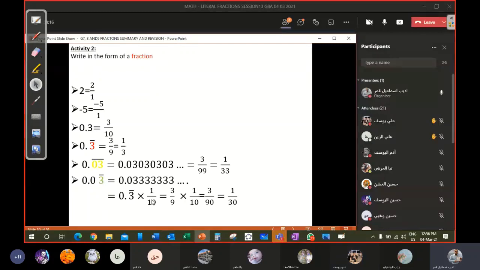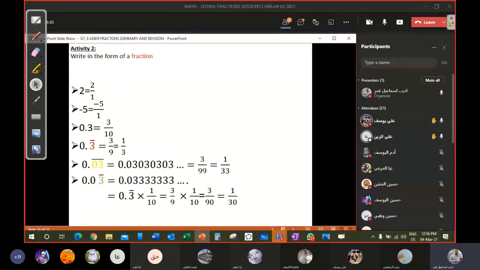Instead of this zero, which represents the tenths. What's the meaning of tenth? 1 over 10. So instead of this 0, we multiply by 1 over 10.